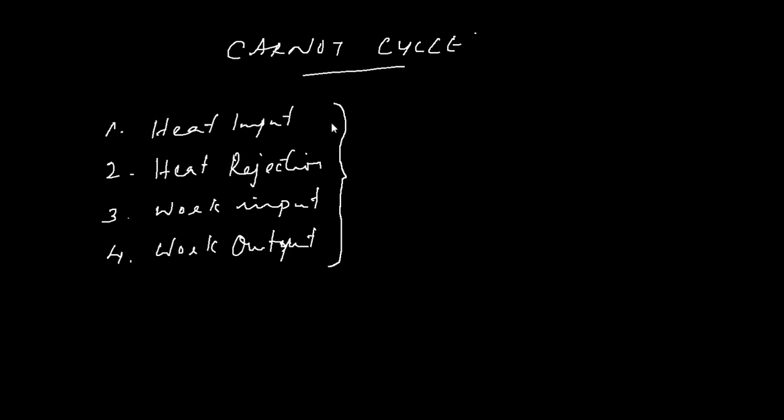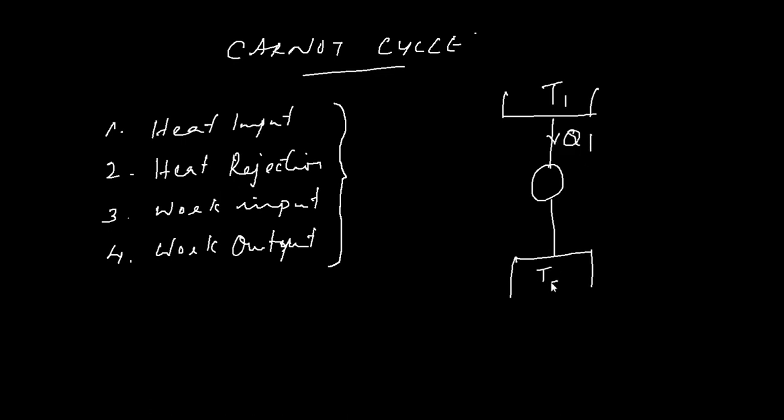We mentioned in a previous video that for a cycle you will have a high temperature source from where heat of Q1 is flowing into the system, and a low temperature source where you will have a heat rejection, and you will also have a work input and work output.